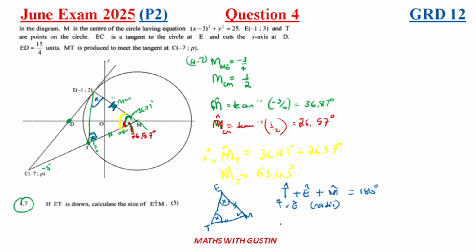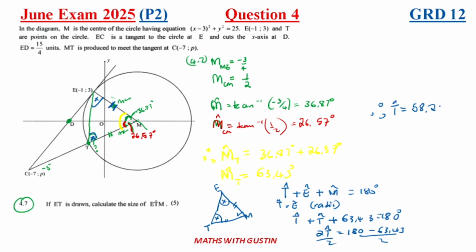So you can say T plus T plus 63.43 is equal to 180. Therefore 2T is equal to 180 minus 63.43, divided by 2. So therefore our T will have to be equal to 58.28 degrees.